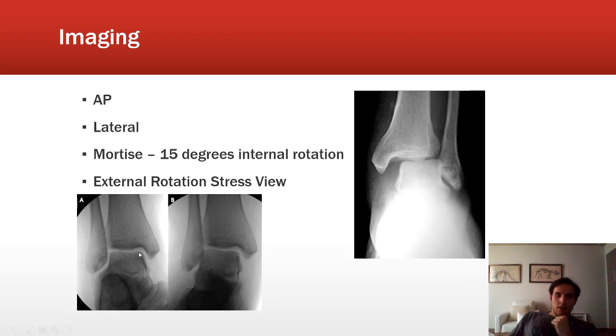Here, a lot harder to tell. This is your stress view, so likely borderline here, probably a little bit more to 4 to 5 millimeters. So your deltoid ligament, which is attached to your medial malleolus, is likely disrupted, and your concern for syndesmotic injury is increased.